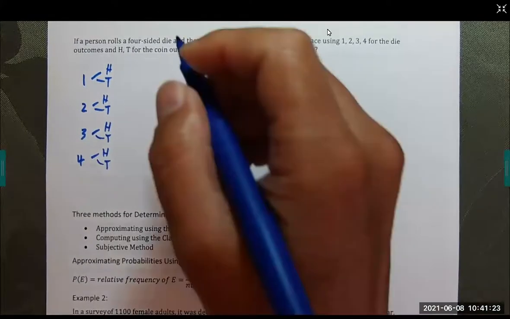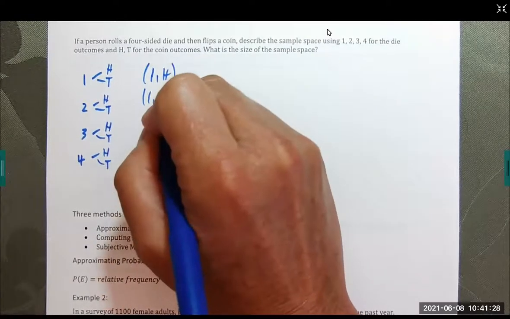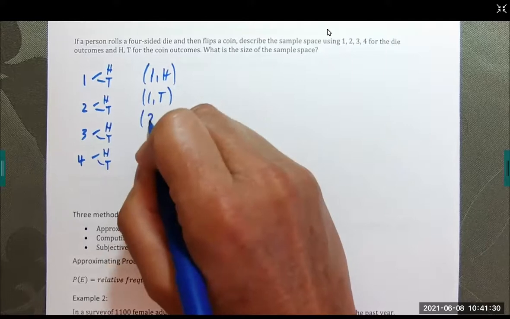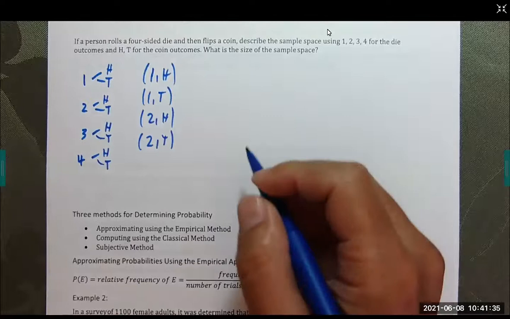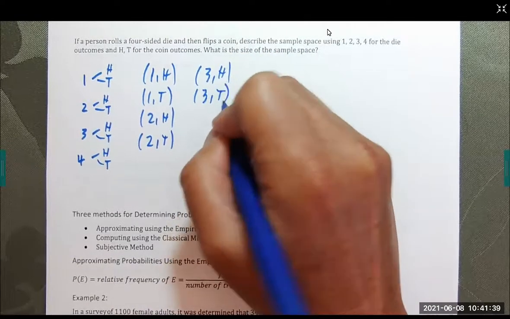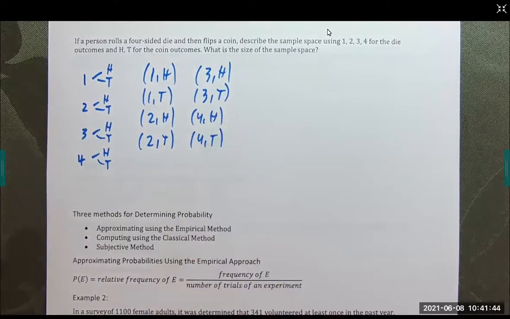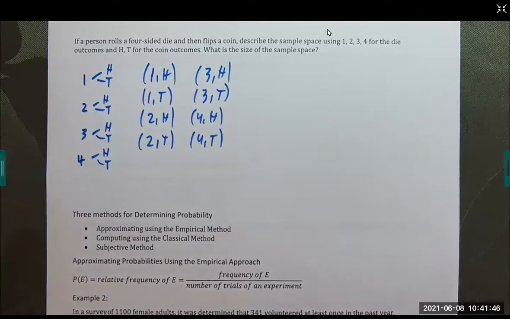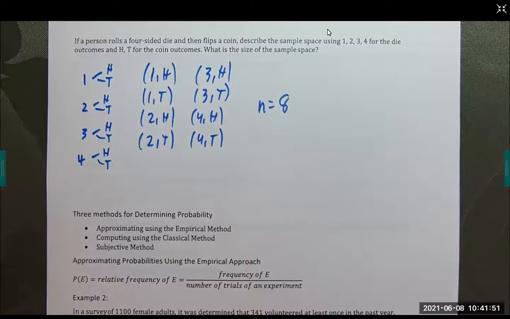And if we write those out, it looks like we have a total of 8 possible outcomes. So this is the entire sample space here using a tree diagram.